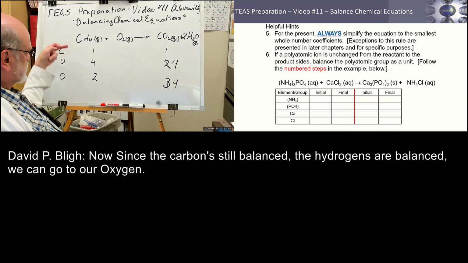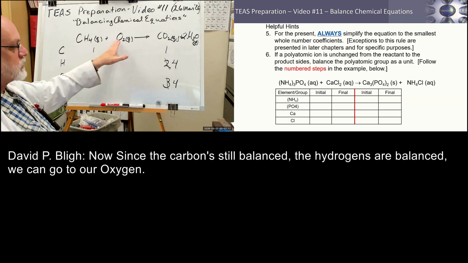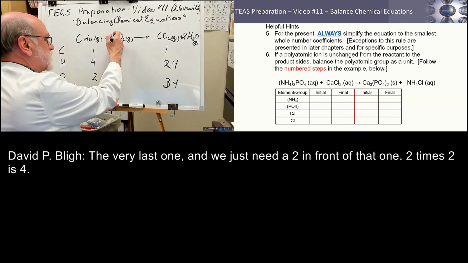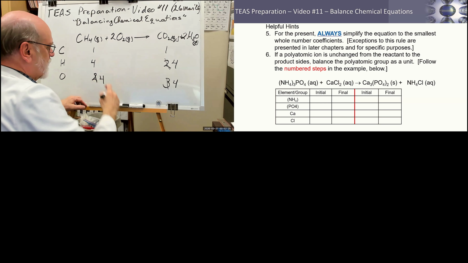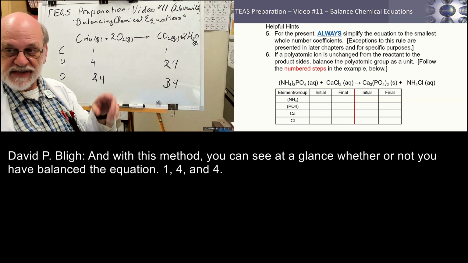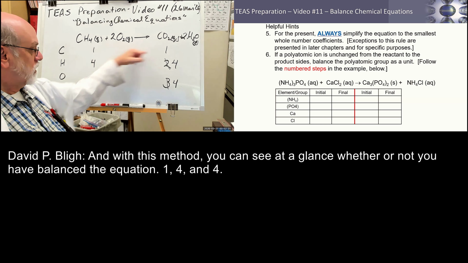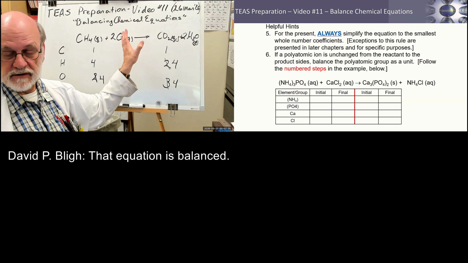Now, since the carbon's still balanced, the hydrogens are balanced, we can go to our oxygen, the very last one, and we just need a 2 in front of that one. 2 times 2 is 4. And with this method, you can see at a glance whether or not you have balanced the equation. 1, 4, and 4. That equation is balanced.